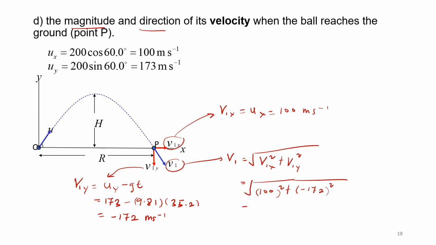We get V1 200 meter per second. After that, we calculate direction. Tangent theta equals V1Y over V1X.